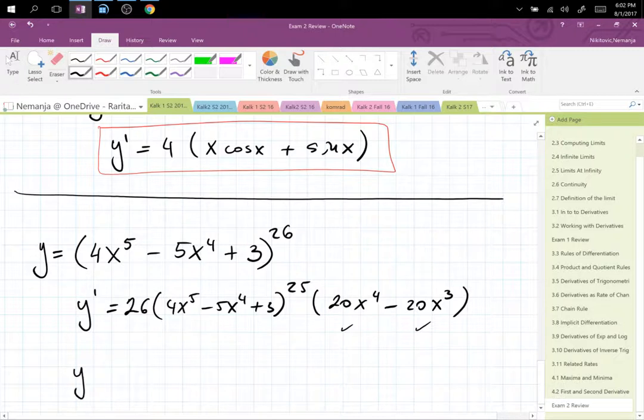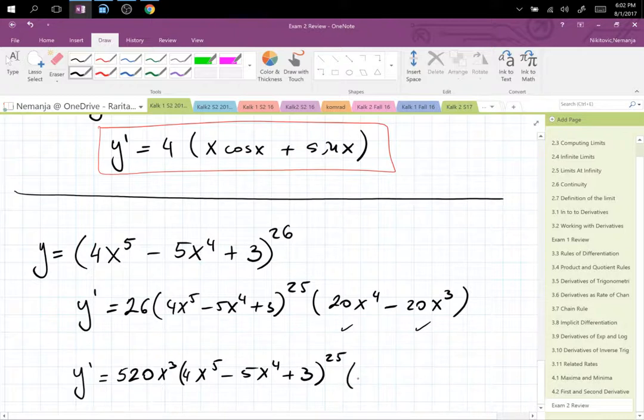So 20x cubed would make this 520, there we go. 520x cubed, 4x to the 5 minus 5x to the 4 plus 3 to the 25, and then over here we kicked everything out, it's x minus 1. That'd be it. That'd be the answer. I hope you're not disappointed, but that's it.